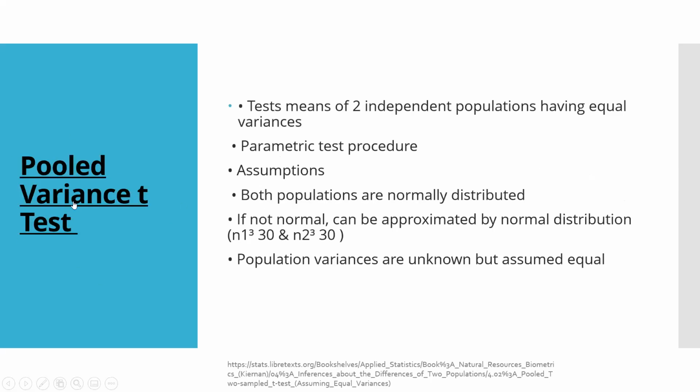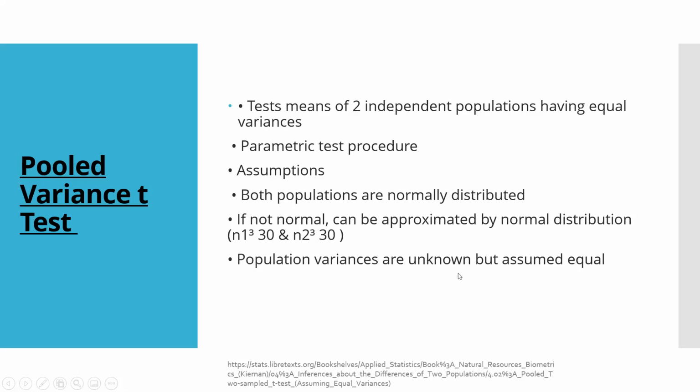What is a pooled variance t-test? Whenever we are using two independent populations with equal variance, we use this parametric test procedure with the assumptions that the sample is randomly taken from the population, and the population is normally distributed, or if not normal, can be approximated by the normal distribution.